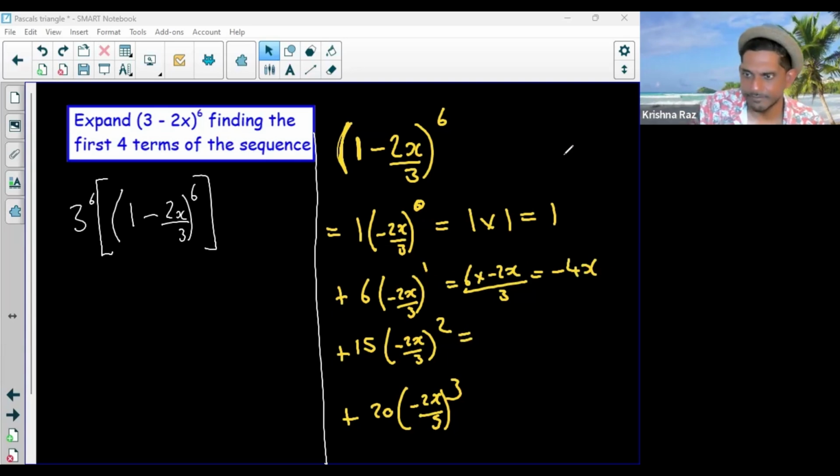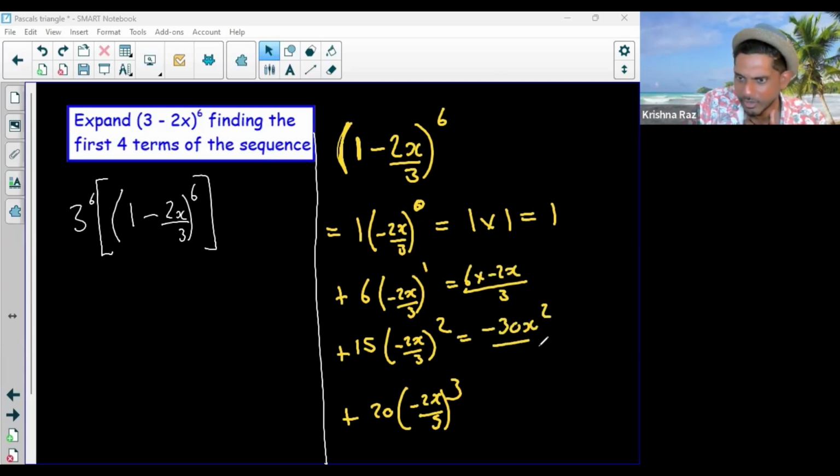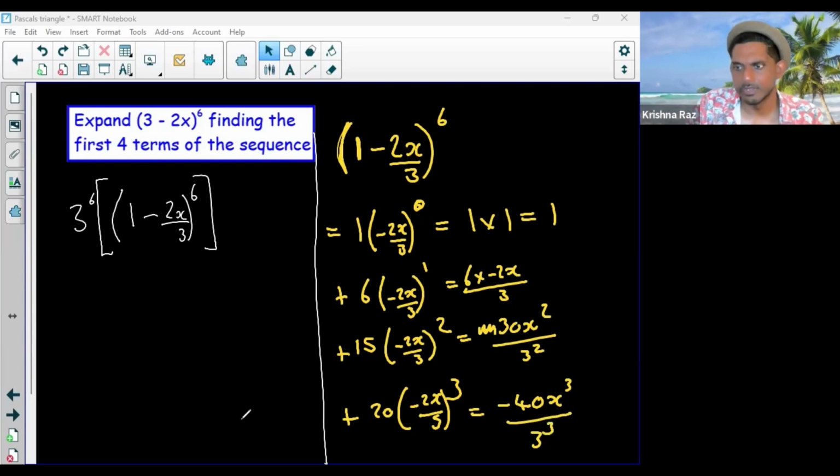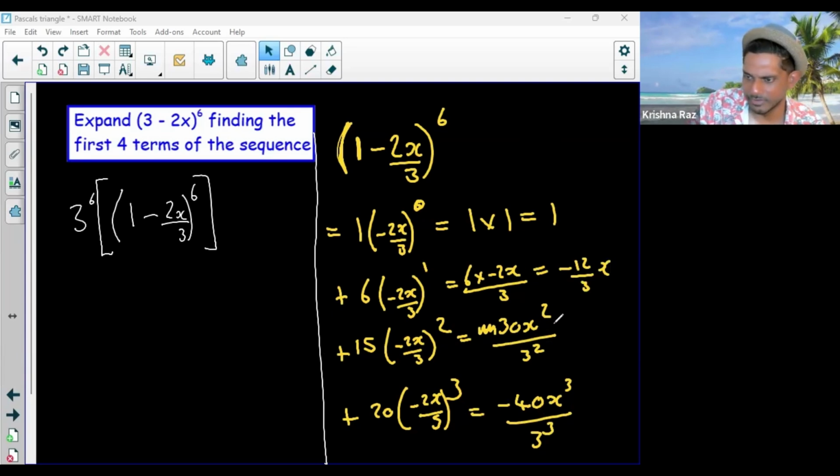And then here, actually, I'm going to leave it like that because I've just forgotten what my point was. Here we've got minus 30x squared over 3 squared. And the last one, we've got minus 40x cubed over 3 cubed. So these signs should alternate from positive to negative. So this was negative 12 over 3x, and we've got these ones here.